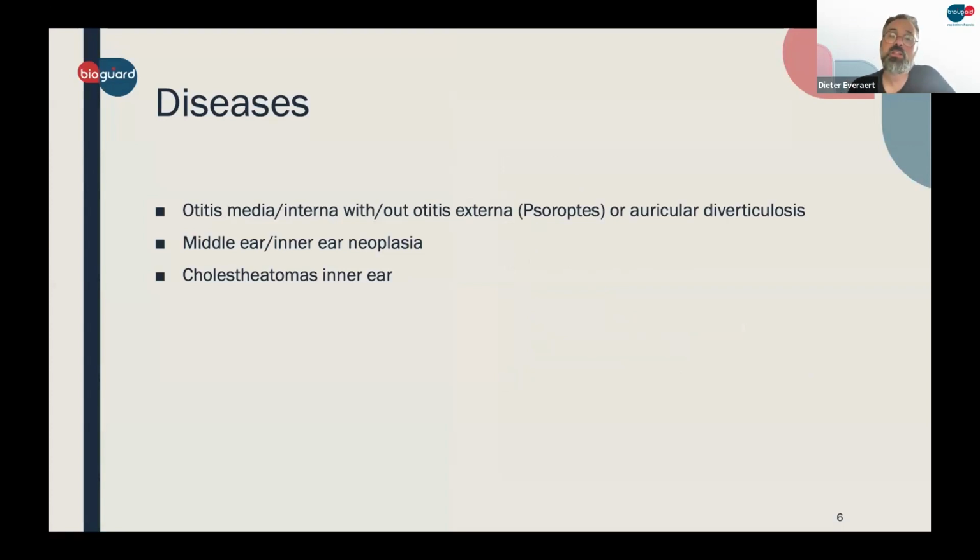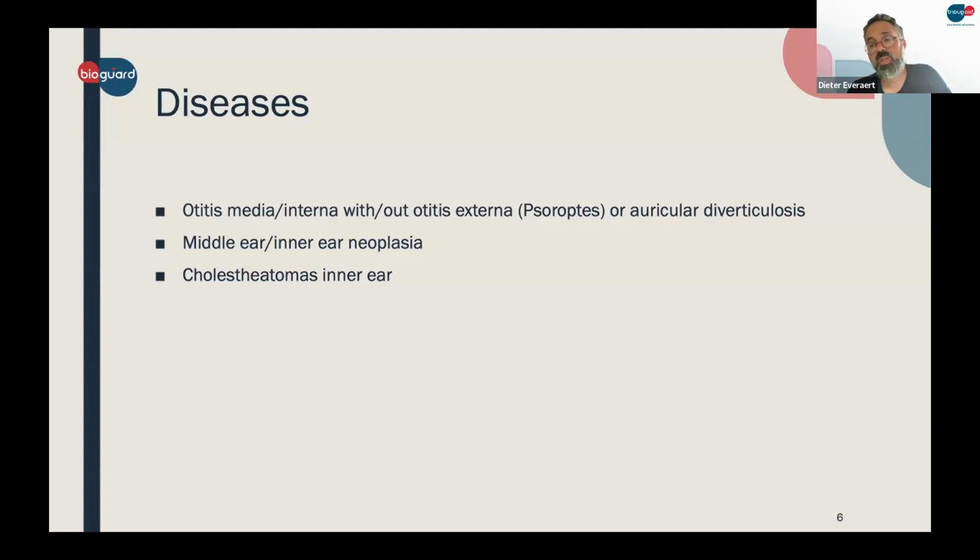It's caused because of Psoroptes, the mite, or an auricular diverticulosis. I will come back on that also later on. But auricular diverticulosis is like a bulla forming in the vertical auricular canal.